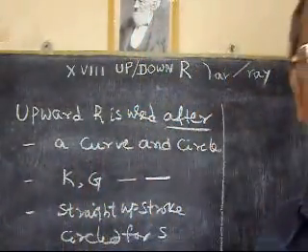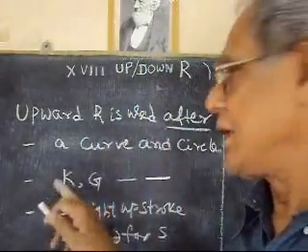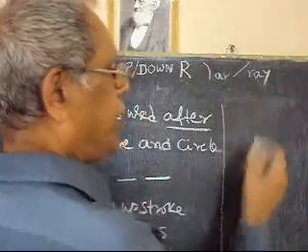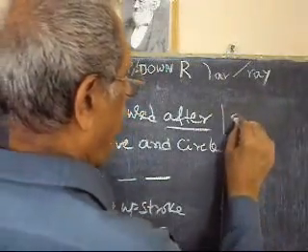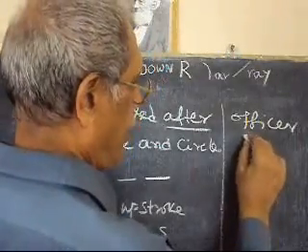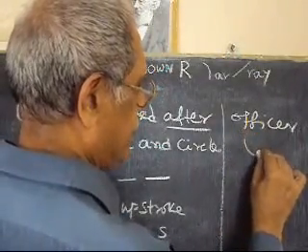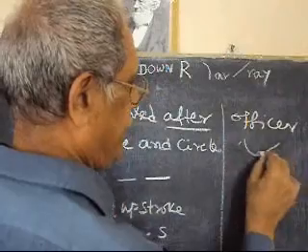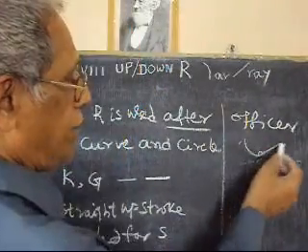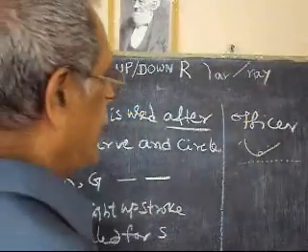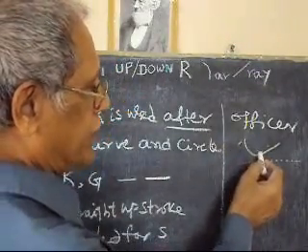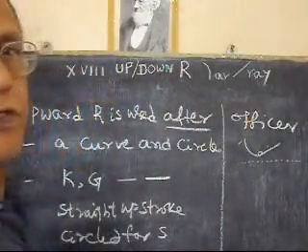That is used after a curve and a circle. Any curve, you see, officer, suppose. After a curve and circle, ray is used.